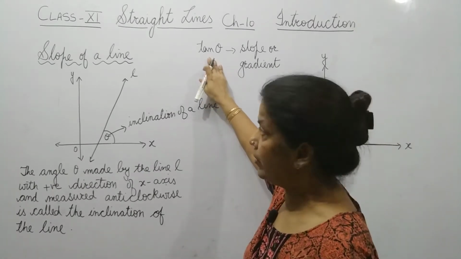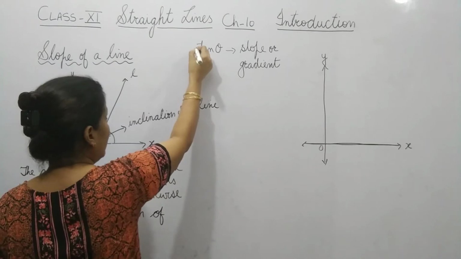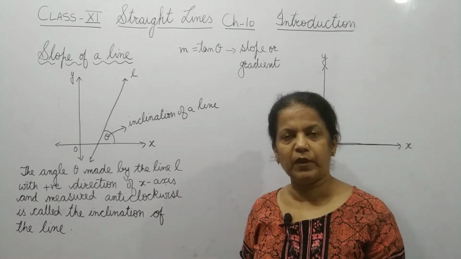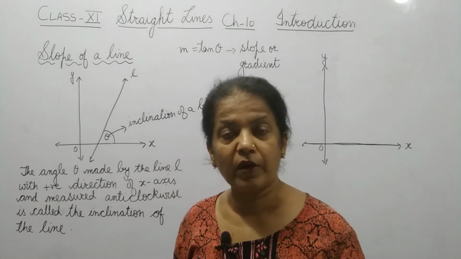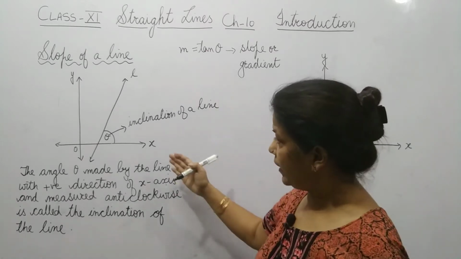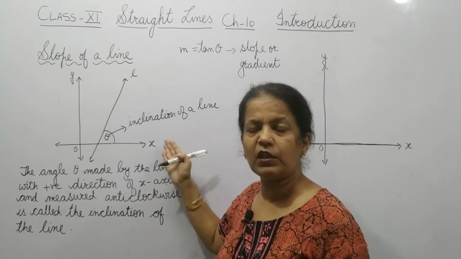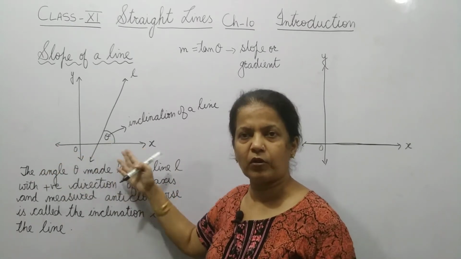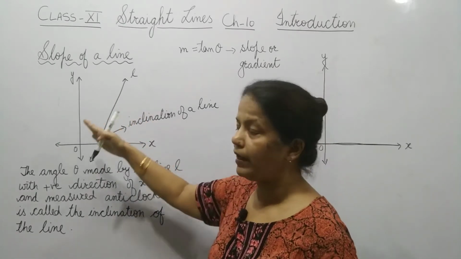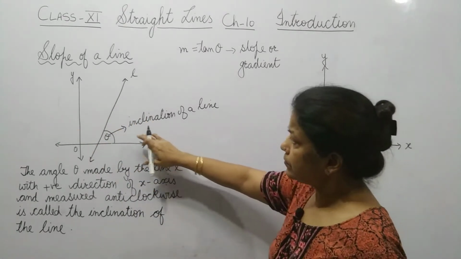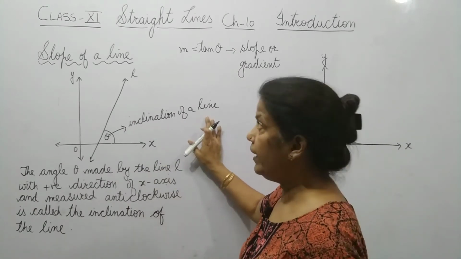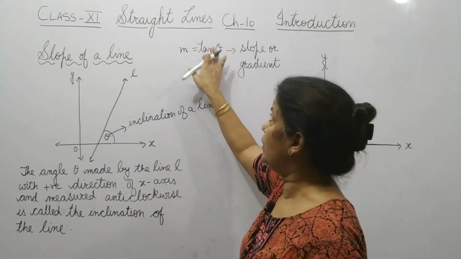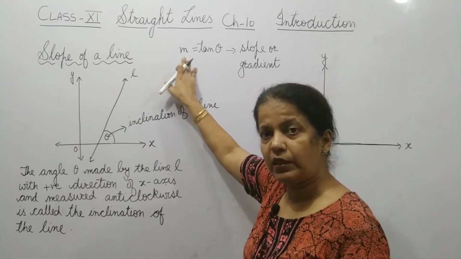This tan theta, or the slope, we can write with small m also. So small m is the representation of the slope of a line. But remember that it is with the positive direction of x-axis and anti-clockwise. This thing you have to remember. So theta is the inclination of a line and tan theta is the slope or gradient of a line, and this tan theta is also represented with m.